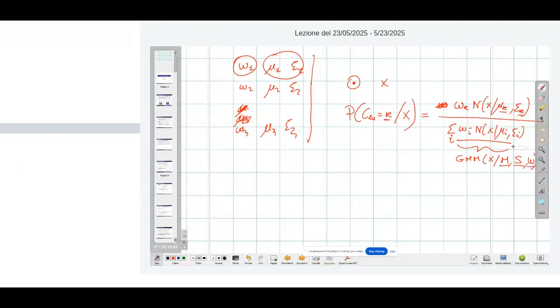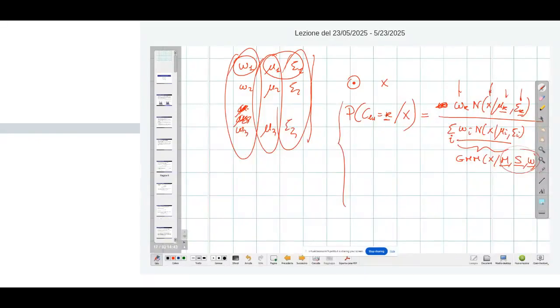So these are the set of all the sigmas, all the means, and all the weights. We have everything to compute this. I gave you the weights, I gave you the means, I gave you the sigma. You're computing it for some sample X, so you can compute it for all the clusters, from cluster 1 up to cluster big K.